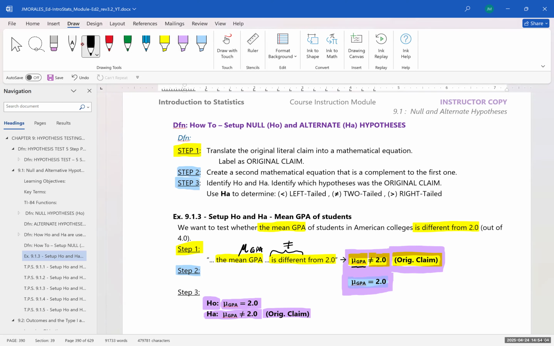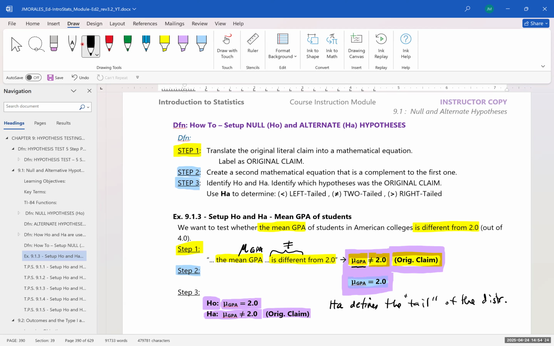And one more thing to notice here is remember that the alternate hypothesis defines the tail of the distribution we're going to be using.